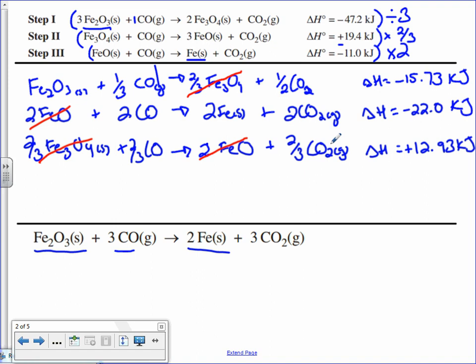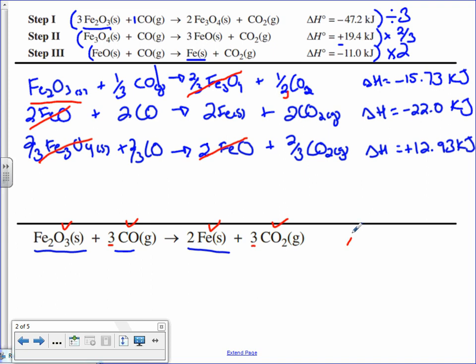Nothing else will cancel, so now I take the sum of everything. So I've got 1 of these guys, which is good, I've got that here. I need this to add up to 3 carbon monoxide, so I've got 1/3 plus 2 plus 2/3. If we add that up, we get 3. This side, I have 2 solid irons, and again, I need 3 CO2, so I have 1/3 plus 2/3, that also adds up to 3. So we've got our net reaction.